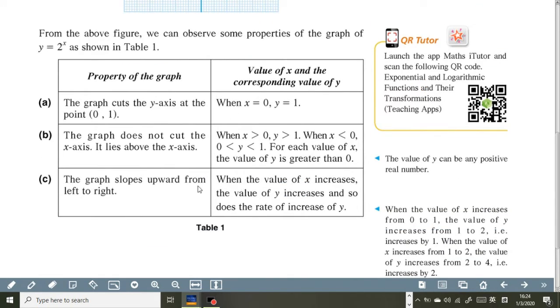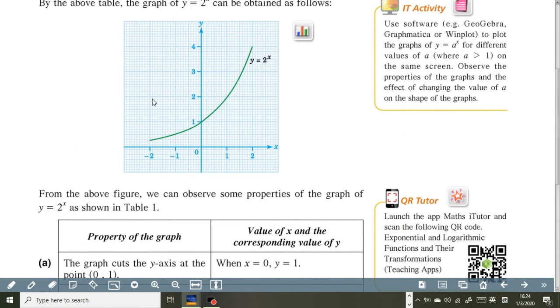So we always say that the graph rises upward from left to right, and when x is increased, y is increased, and so is the rate of increase of y. You must use this description to describe the graph of your exponential function.